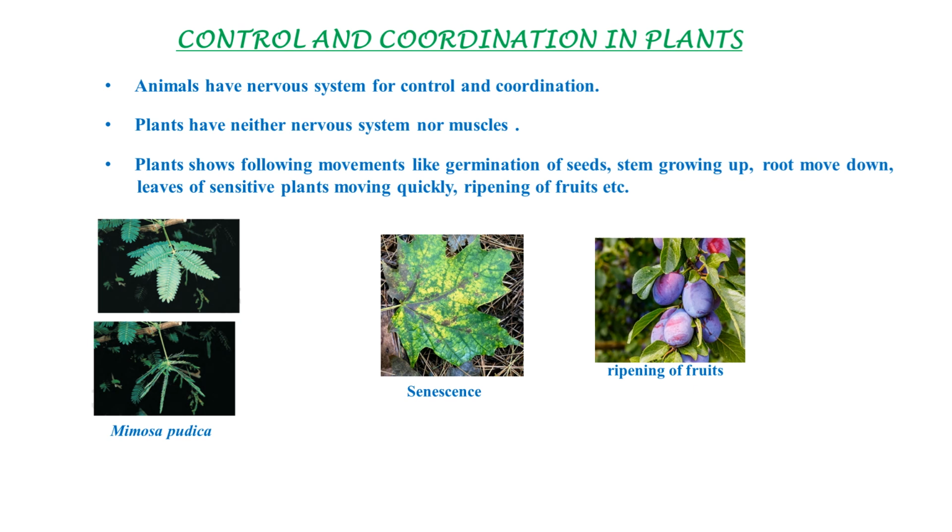But if plants have neither a nervous system nor muscles, the question arises: how do plants coordinate? So we are going to study how plants coordinate and solve some questions related to this topic.